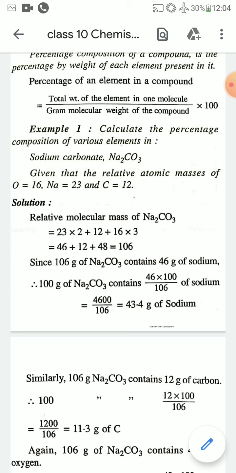So 106 gram of Na2CO3 contains 46 gram of sodium. Then 100 gram of sodium carbonate contains 46 divided by 106 into 100 of sodium, that is 43.4 gram of sodium.